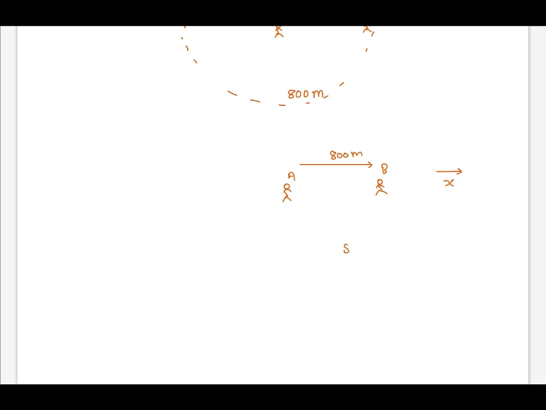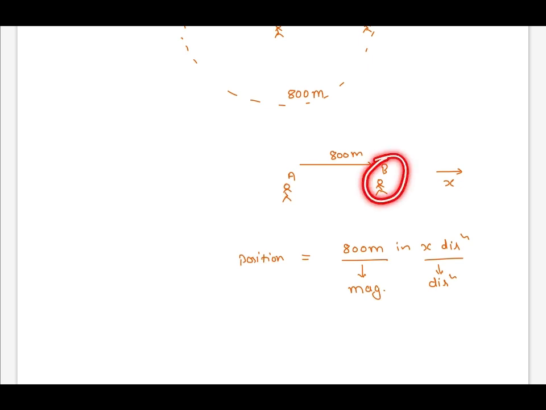So now we will say 800 meters in x direction. So now this quantity has direction as well as magnitude. So this quantity is nothing but position. So this is position of particle B.